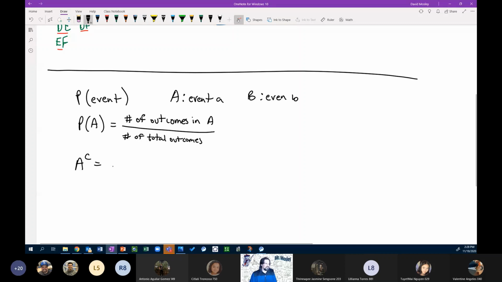A complement is all outcomes not in A. So any outcome that's not part of event A is part of A complement.